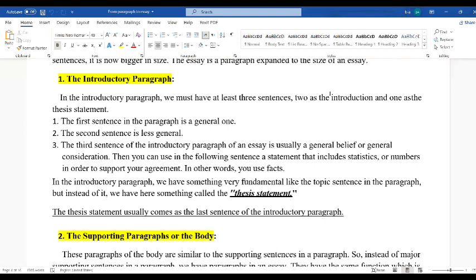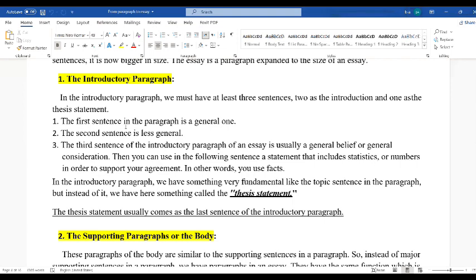In the introduction, we will talk about a topic in general, not specific. In the thesis statement, we will talk about the topic in a more specific way. In the thesis statement, I need to be specific and direct.